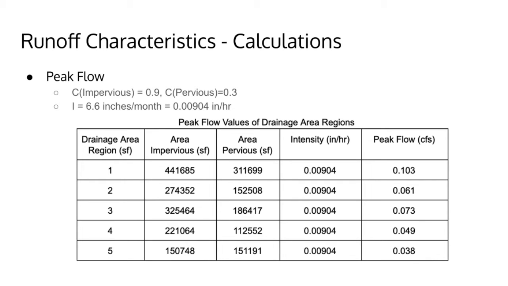According to the United States Green Building Council, hardscape ranges from 0.7 to 0.95, while softscape ranges from 0.05 to 0.35. We then followed a common general rule and set our impervious surfaces to be a coefficient of 0.9 and pervious surfaces a coefficient of 0.3.